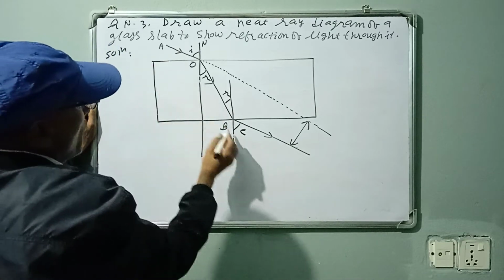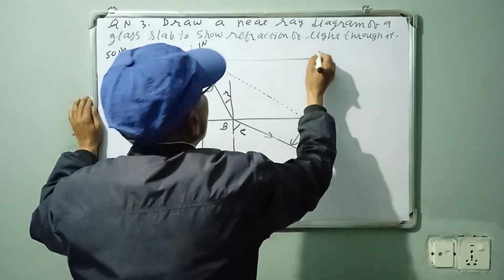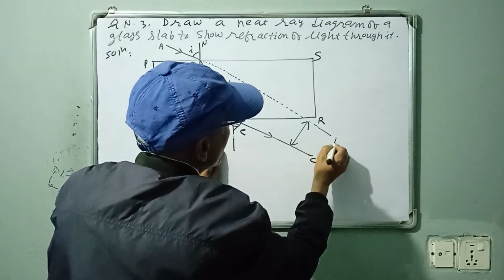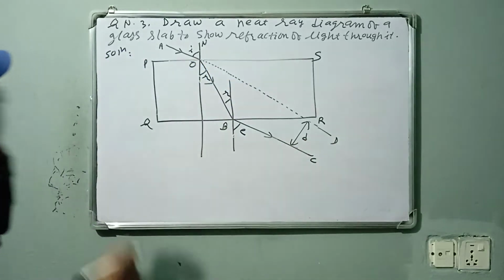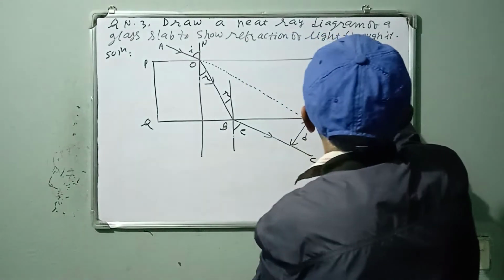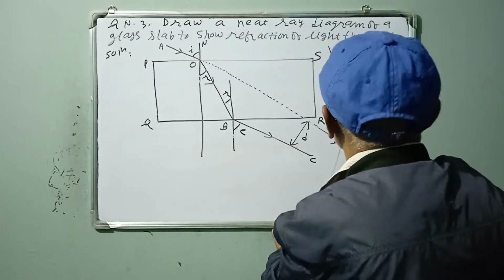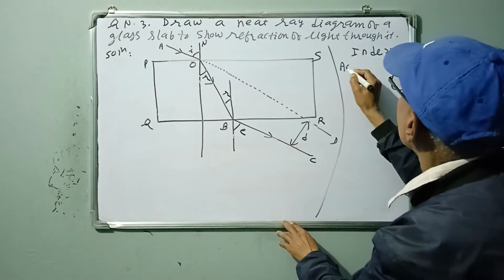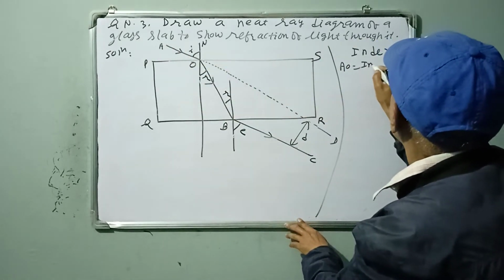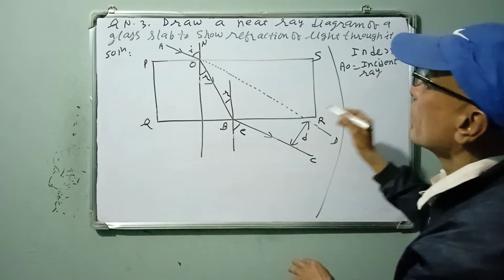Now AOB, then PQRS, OB. This one is C. Suppose this one is D, small d. See. Now here, AO is the incident ray.